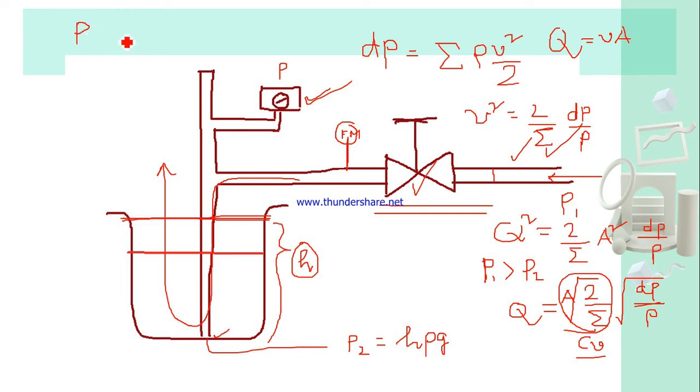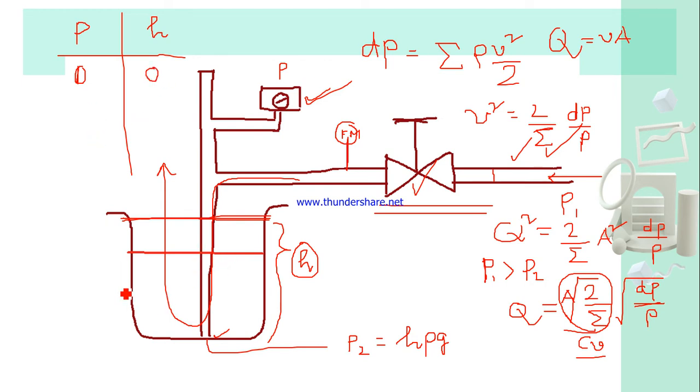So this is my pressure gauge reading and this is my level, and you can take a few readings. When the level is bottommost, this pressure gauge reading will be 0.